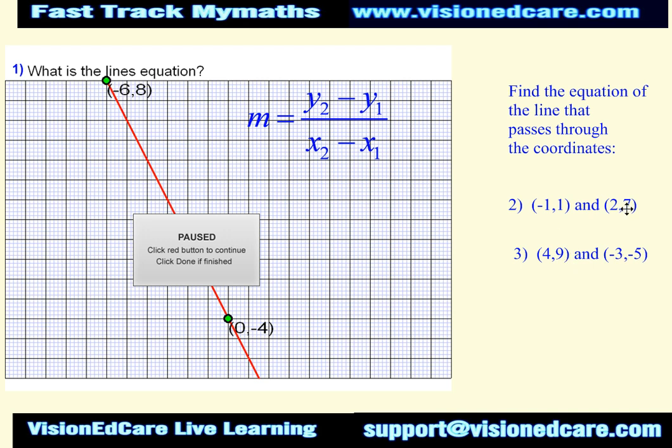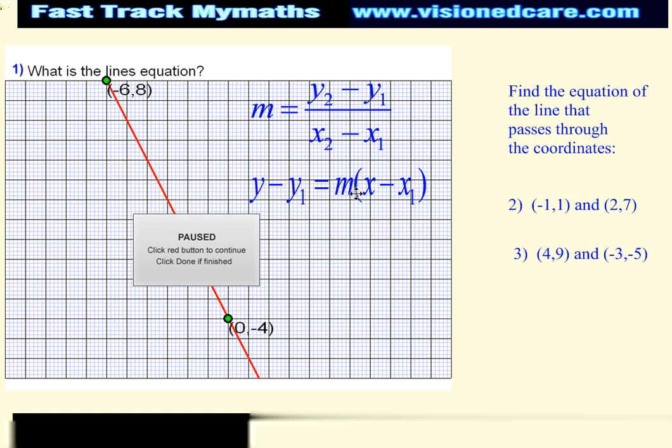Remember, the formula for the gradient is m is equal to y2 minus y1 over x2 minus x1. So use this information to find the equation of the line. You also need this information to work out the equation of the line.